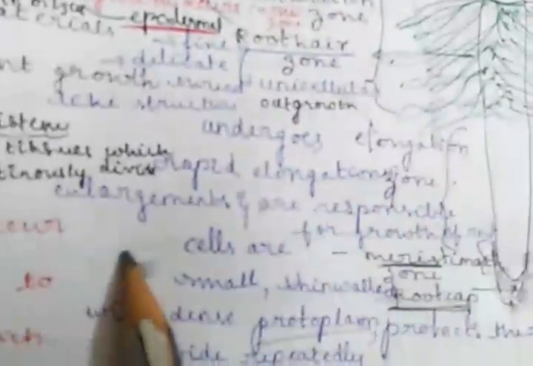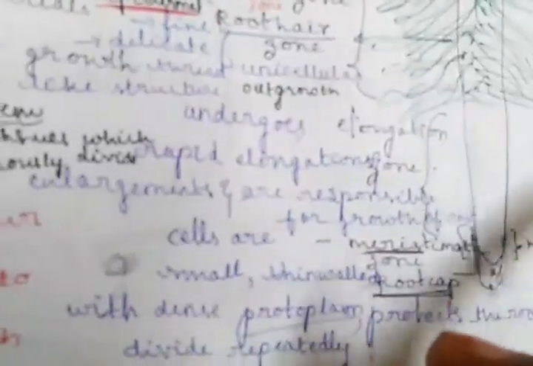Coming to the elongation zone. Rapid elongation and enlargement are responsible for growth. Here in the elongation zone, there is more elongation of the root, and this is responsible for growth of the root. Coming to the maturation zone, here we find many root hairs.